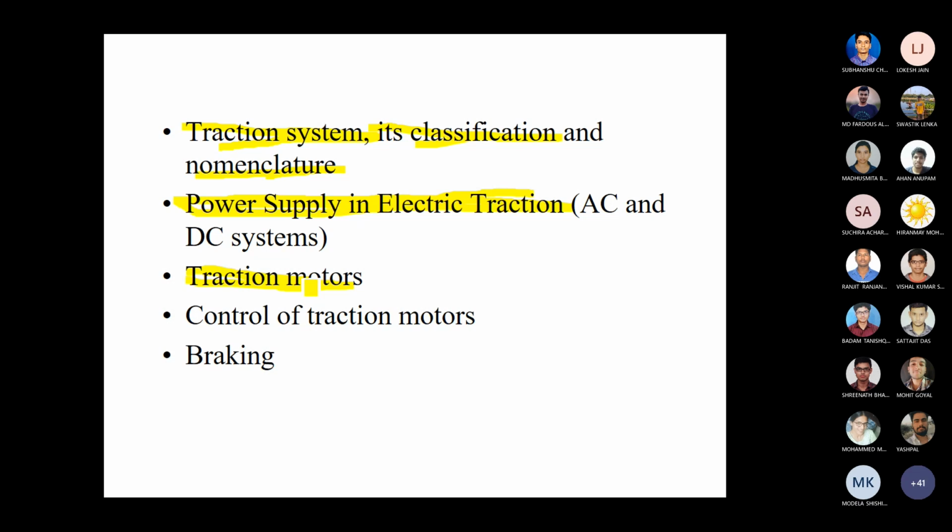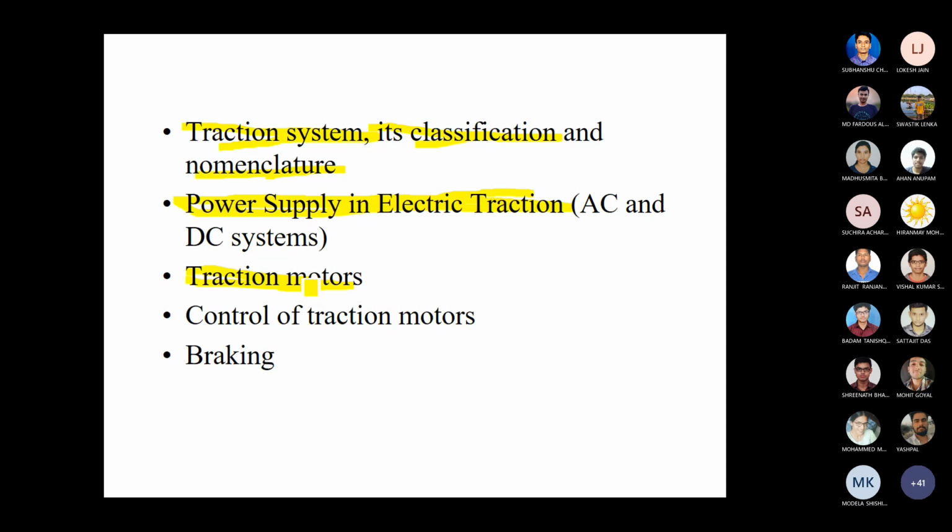The AC motor, meaning the induction motor, gives better performance and better cost efficiency. You have to do less maintenance work, so the maintenance cost is quite low. That's why right now all kinds of things are converted to AC.